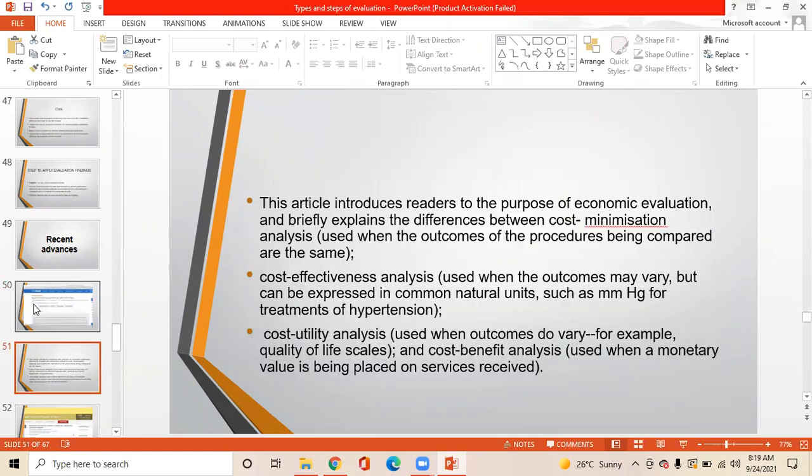The main points of the article are: this article introduces readers to the purpose of economic evaluation and briefly explains the differences between cost minimization analysis, used when the outcomes of the procedures being compared are the same; cost effectiveness analysis, used when the outcomes may vary but can be expressed in common natural units such as millimeter of mercury for treatment of hypertension; cost utility analysis, used when outcomes do vary, for example, quality of life scale; and cost benefit analysis, used when a monetary value is being placed on services received.